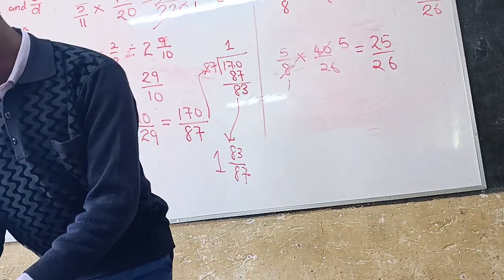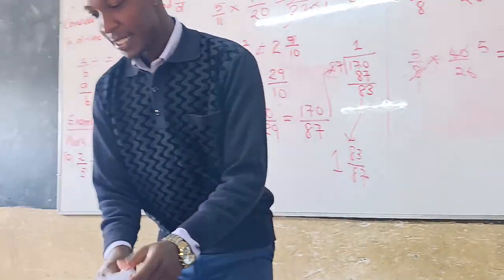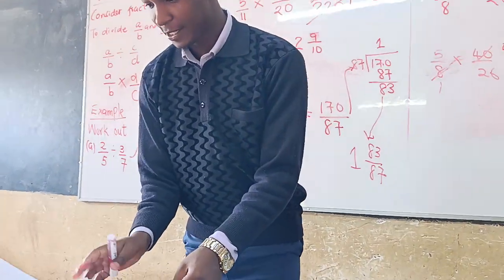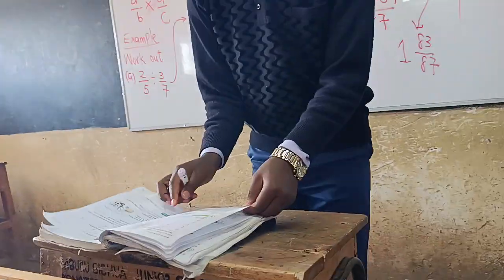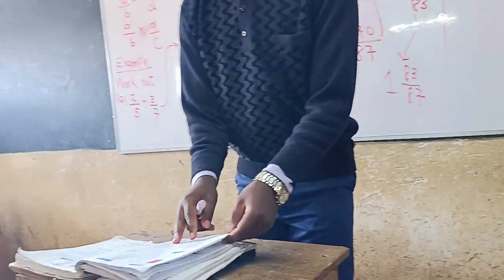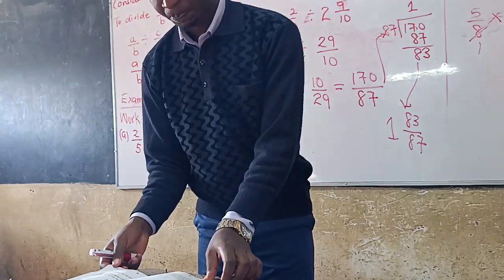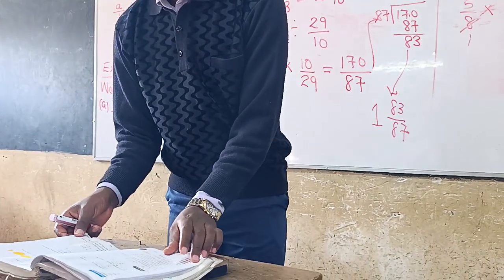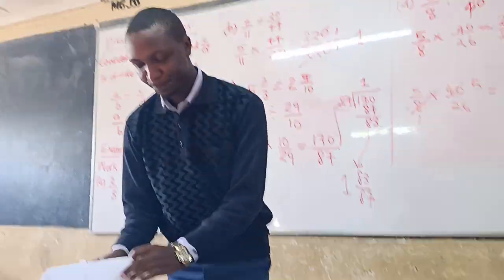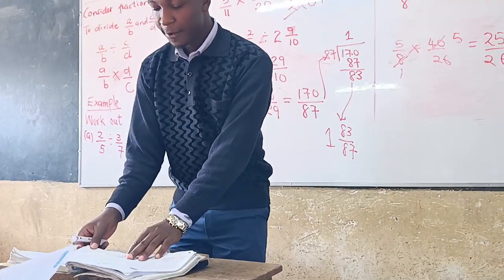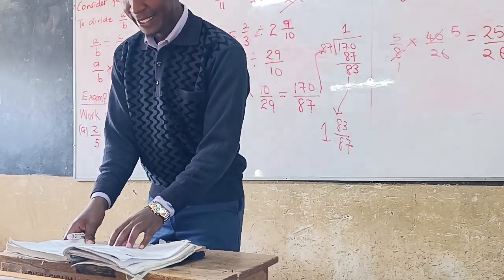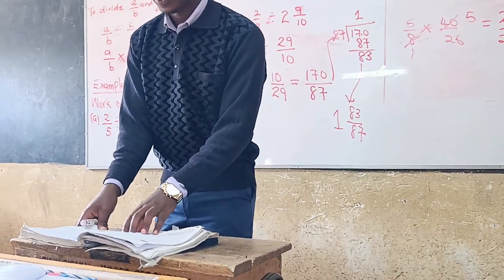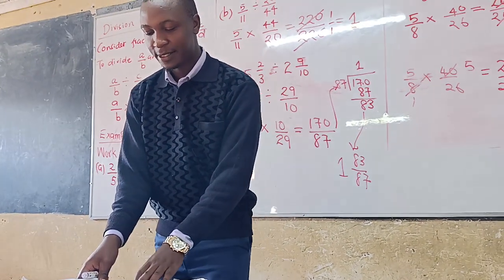Now, the exercise I'm going to give you is on page 43. You do number 1A, number 3 and 4.